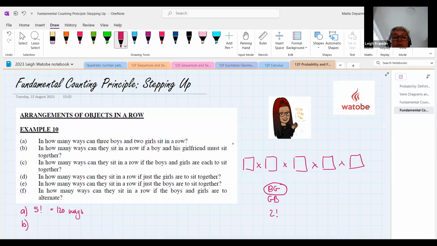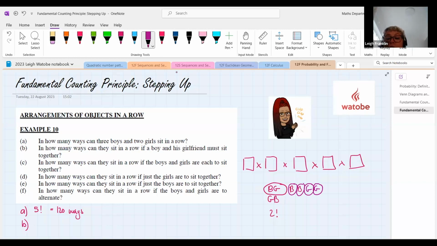If a boy and his girlfriend sit together, it means that there are 2 other boys and 2 other, oh, sorry, I'm writing B when I'm saying girls. 2 other boys and 2 other girls that are left over. And we treat each one of these as their own thing that this pair can be combined with.